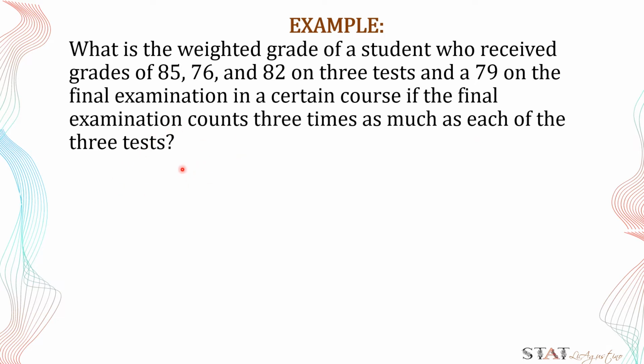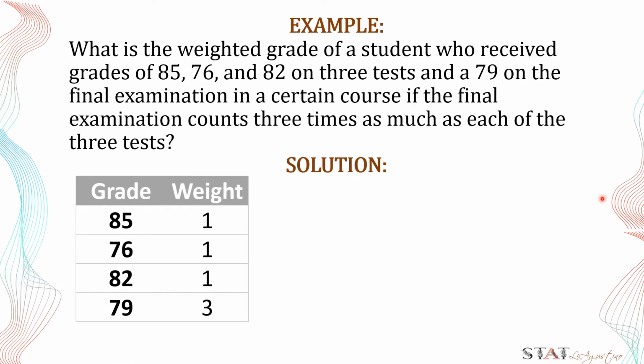So by this problem, this final examination is how many times? 3 times more than each test. So the weights for this is 1, the weights for this is 1, the weights for this is 1, and then this one is weight 3. So this is the corresponding grade. Weight, it's just 1. 76 is 1, and then 82 is 1, and then the 79 is 3. So that's the weights.